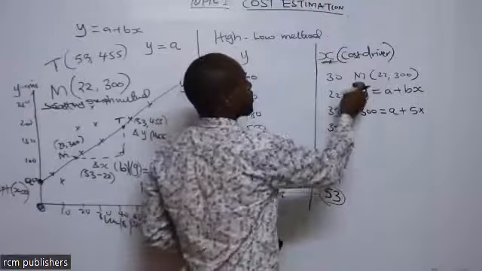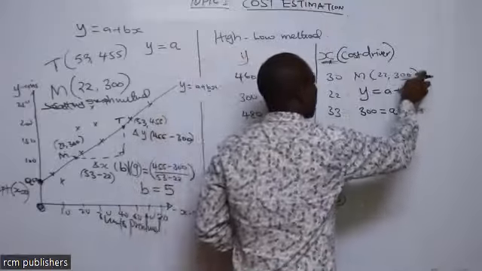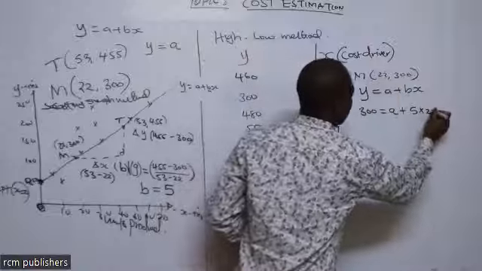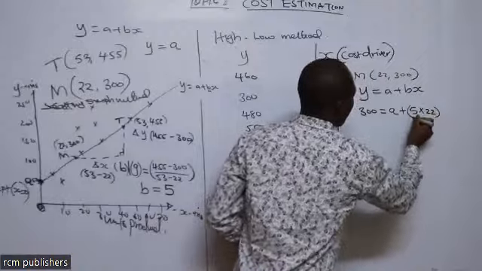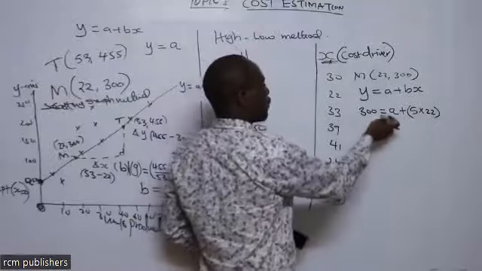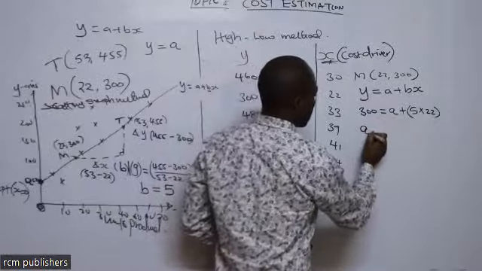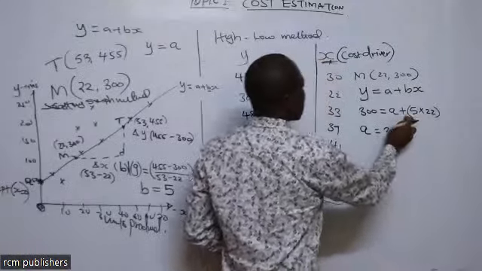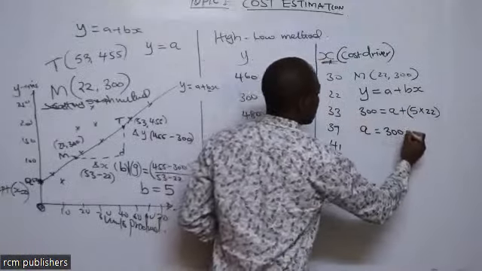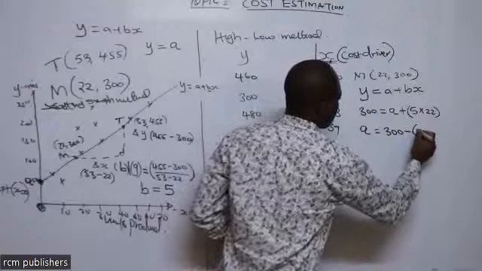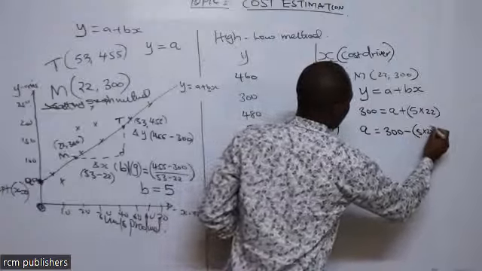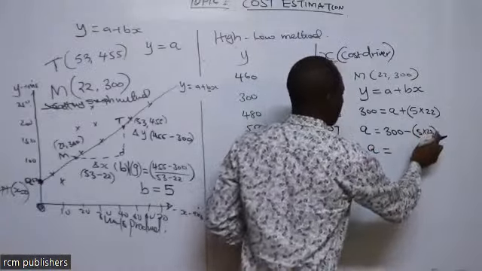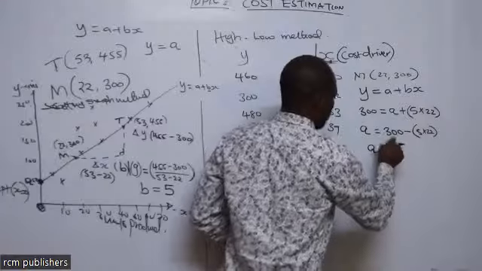What is our x in this particular coordinate where we got the 300? It is 22. So we multiply by 22. It means for us to get the value of a, we will say a is equal to 300. This one is plus. If it crosses the equal sign, it will be minus, 5 times 22. So the value of a is therefore equal to 5 times 22 subtracted from 300.